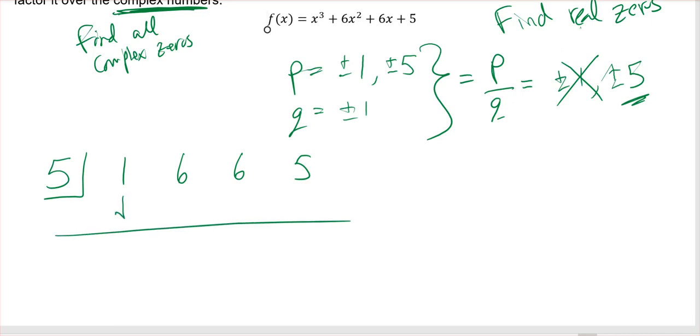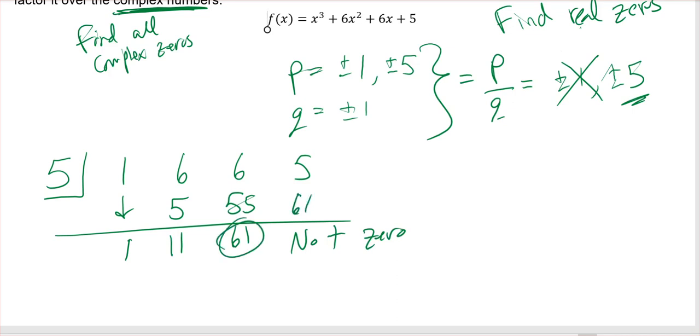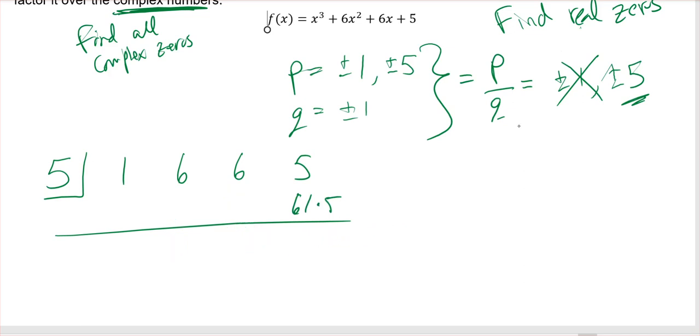We bring down a 1, and then we proceed. Multiply by 5, add, multiply, add, and pretty quickly we're going to get something that's not 0, because I'm going to multiply 61 times 5, whatever that is, but either way I'm not going to get 0. So we know that it's not 5.